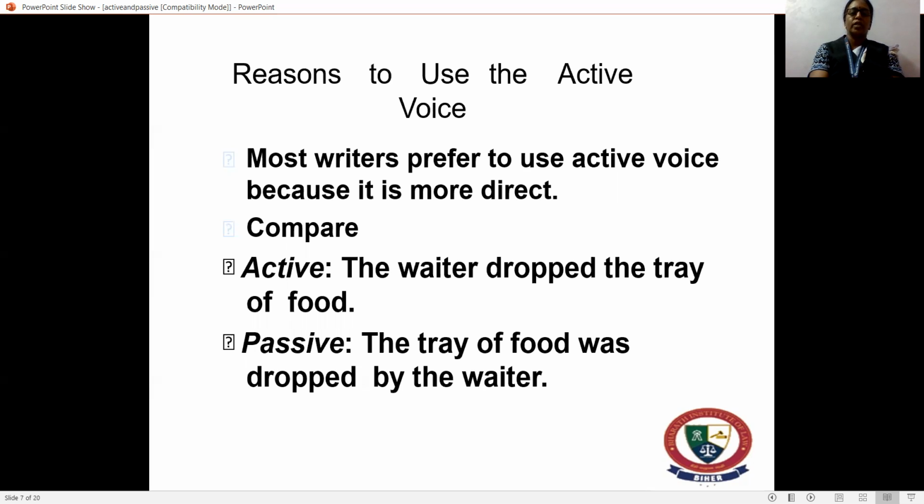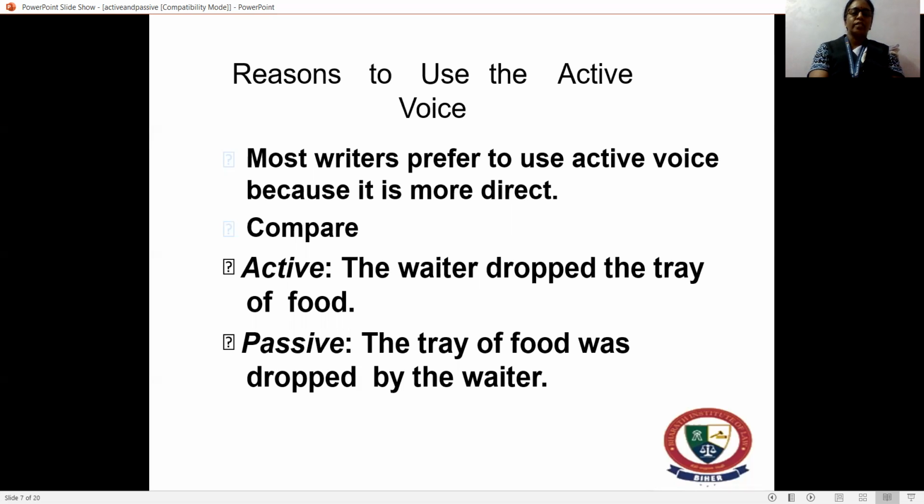It is actually how we implement it while we write and speak. So we should know the rules, and also why we use certain things. We should be very clear about that. We'll see the reasons why we should use active voice sentences, and then we'll see when we use passive voice sentences and what the reasons are to use such sentences.